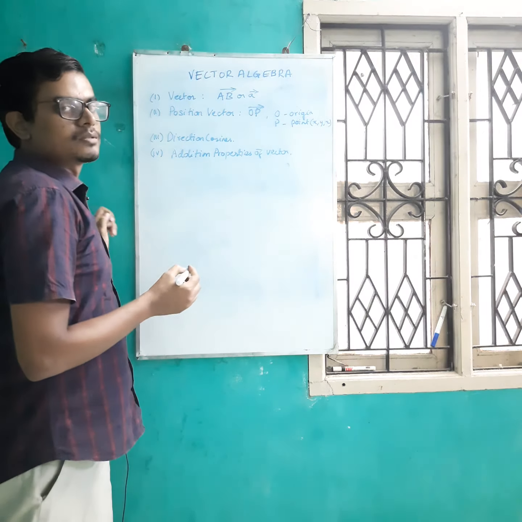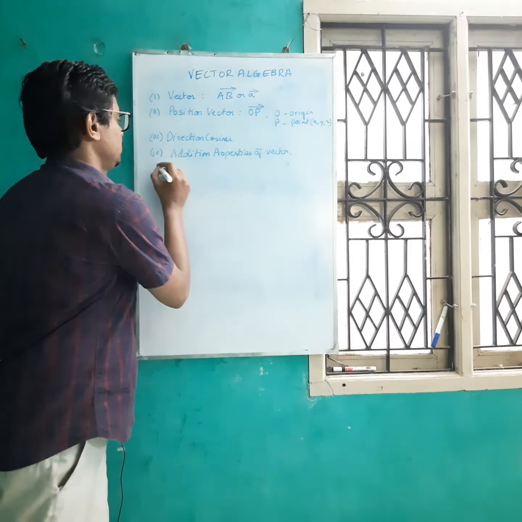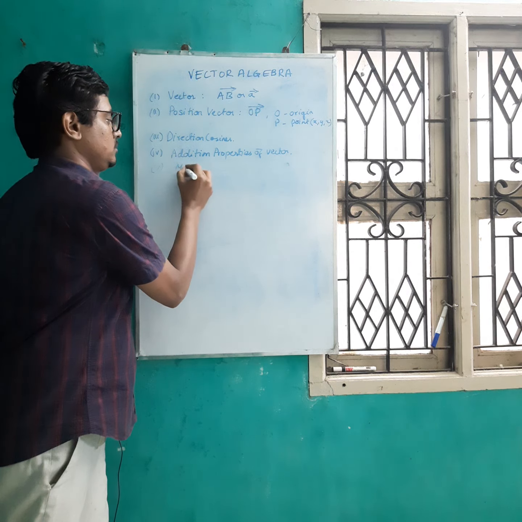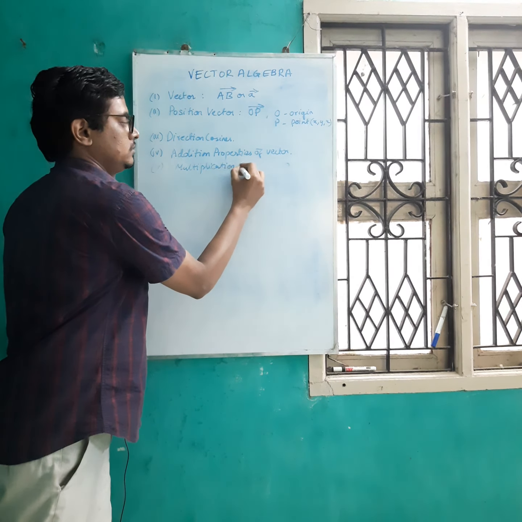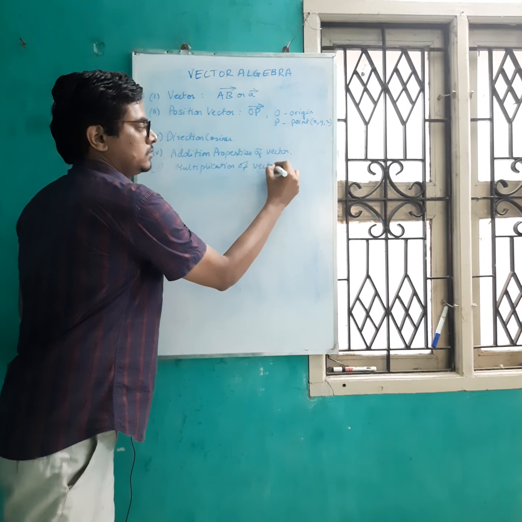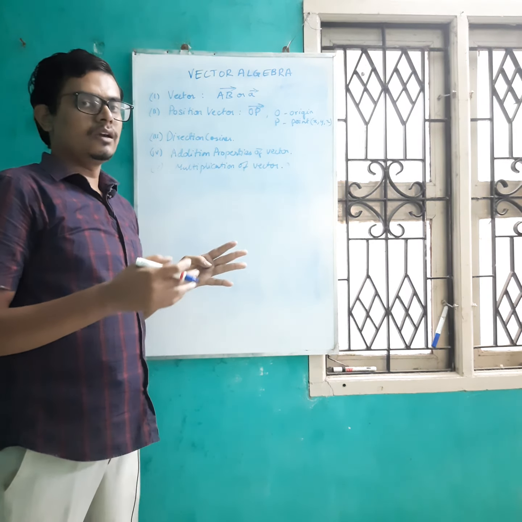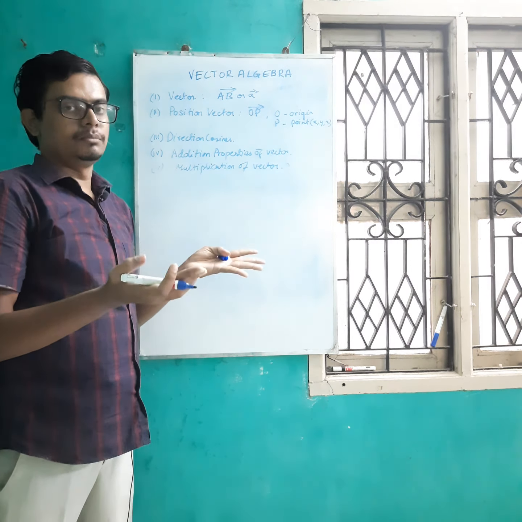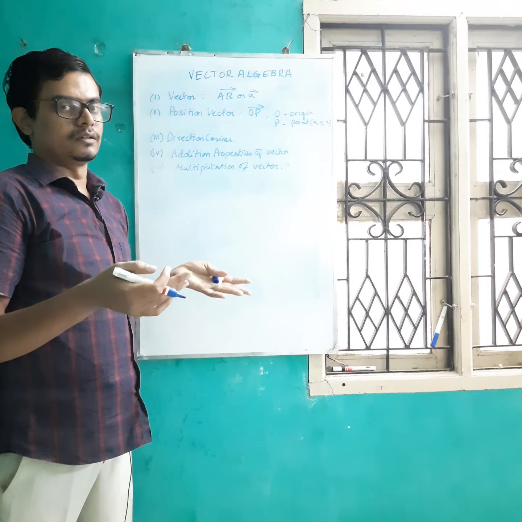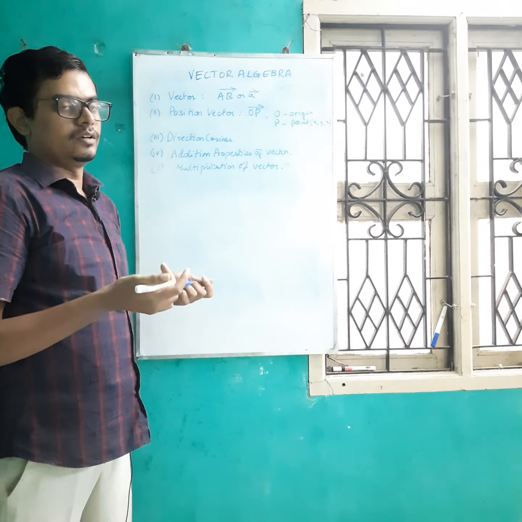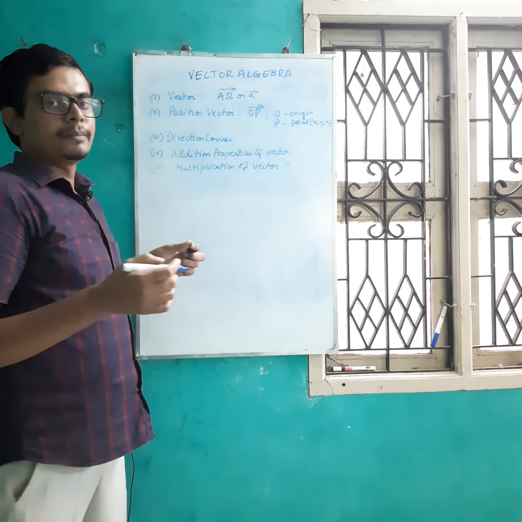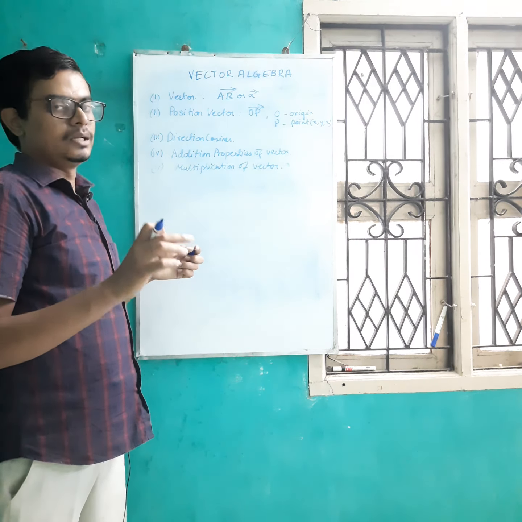Our next concept is multiplication of vectors. So we can now see how two vectors add up to form a third vector, which is either a closing side of a triangle or a diagonal of a parallelogram. Now what happens if you multiply a vector, multiplication of vector.